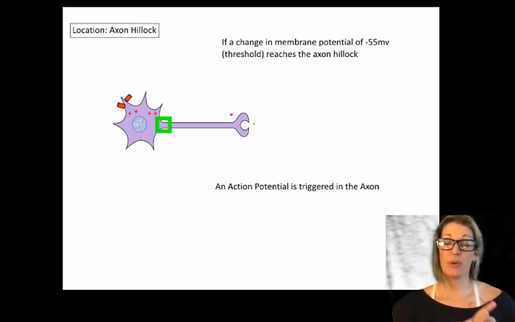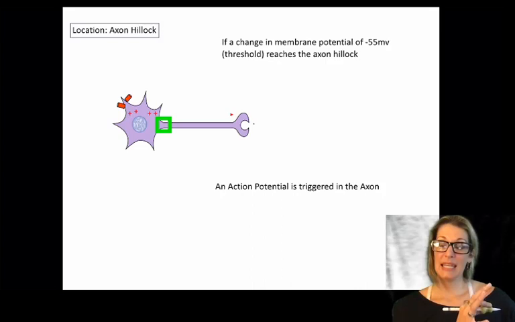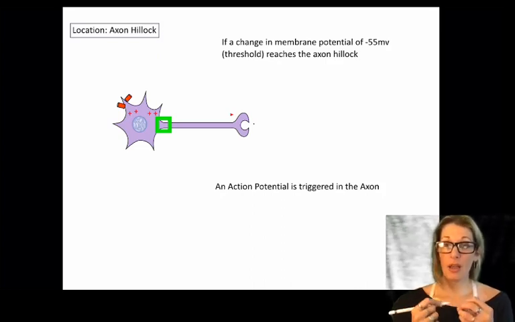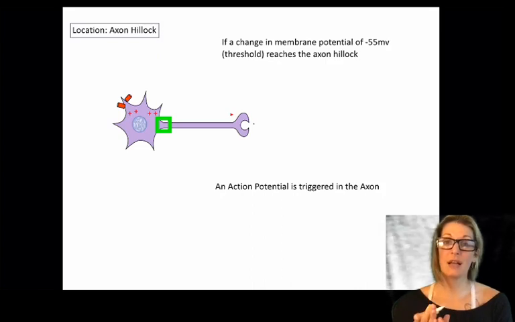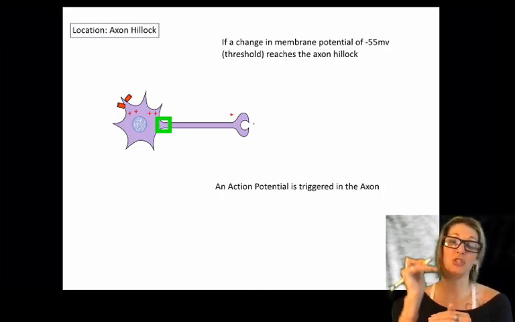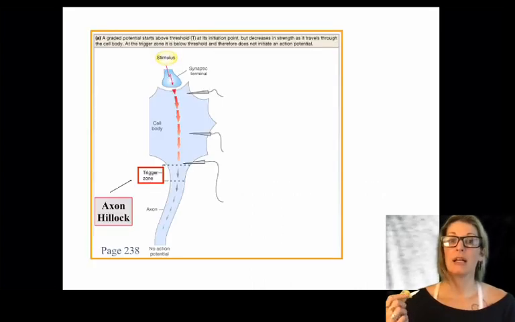Okay. So we have a graded potential in the cell body. That graded potential loses intensity as it moves away from the stimulus. If it's strong enough when it reaches the axon hillock to have changed the membrane potential from negative 70 to negative 55, then that's going to trigger an action potential.